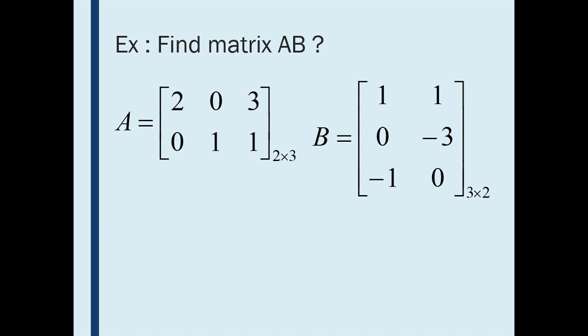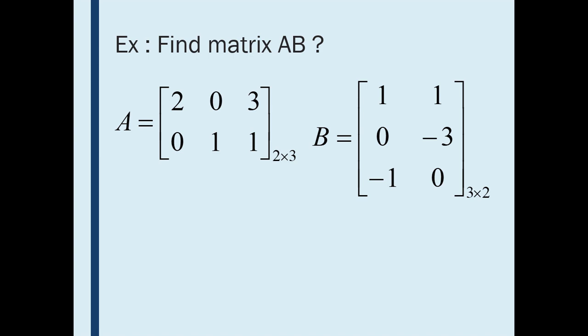The order of matrix A is 2 by 3 and the order of matrix B is 3 by 2. Then the number of columns of matrix A is 3 and the number of rows of matrix B is 3. So the numbers are the same. Therefore, matrix multiplication is possible.